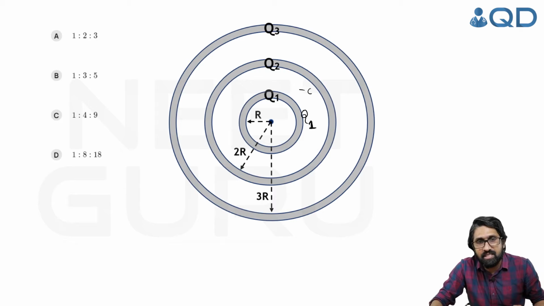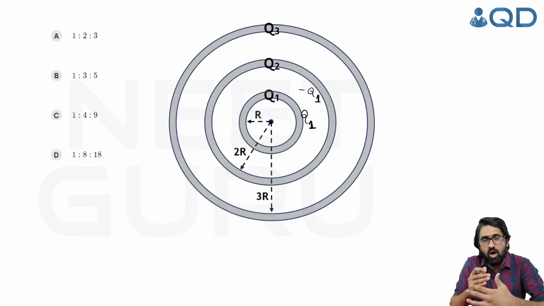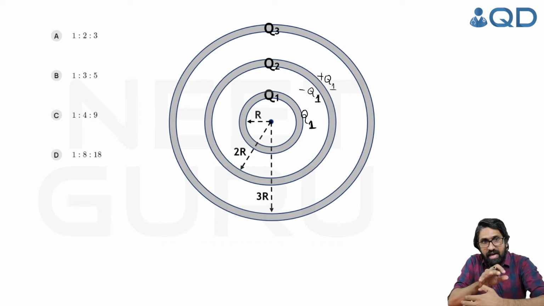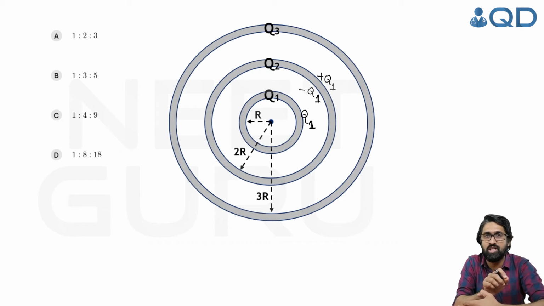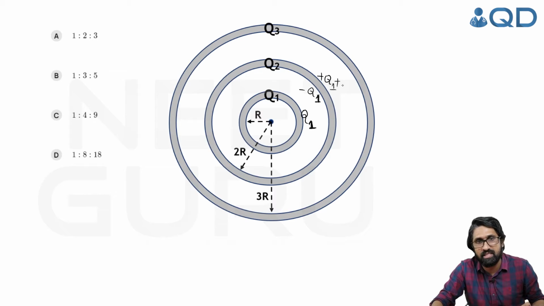So there will be a minus q1 charge here on the inner surface of the second shell. And that rearrangement of charges on the second shell would cause a plus q1 charge to move to the outer surface of that second shell, which already has a q2 amount of charge. So the net charge on the outer surface of the second shell will be plus q1 plus q2.